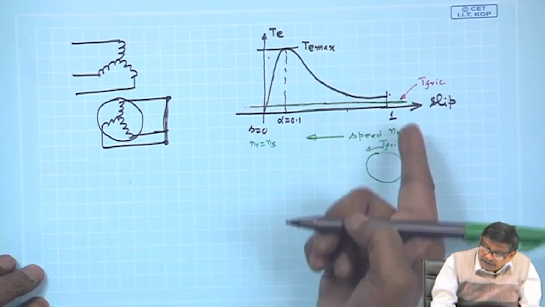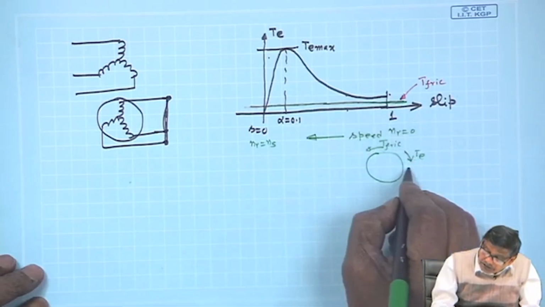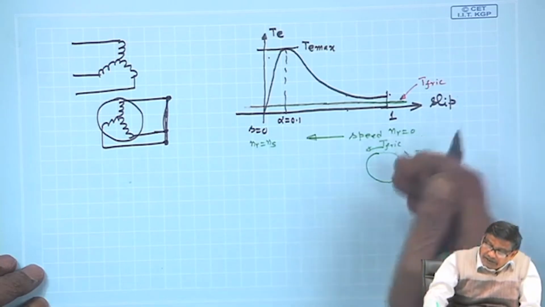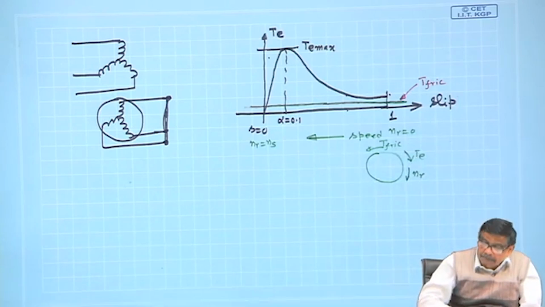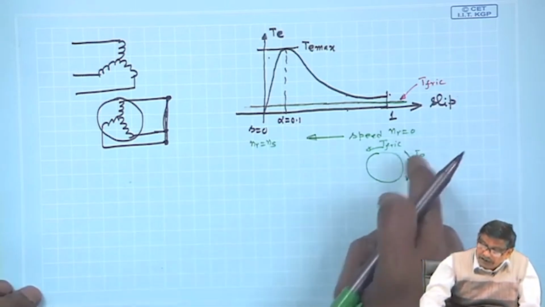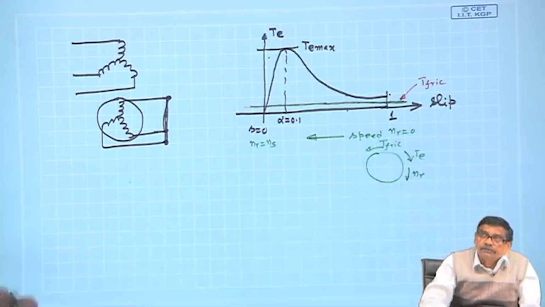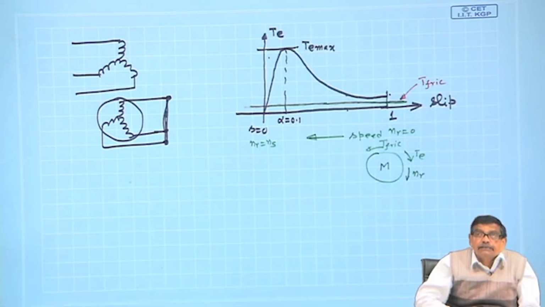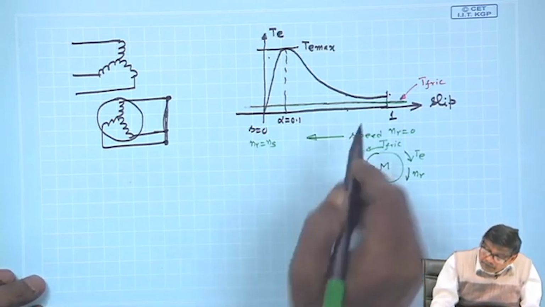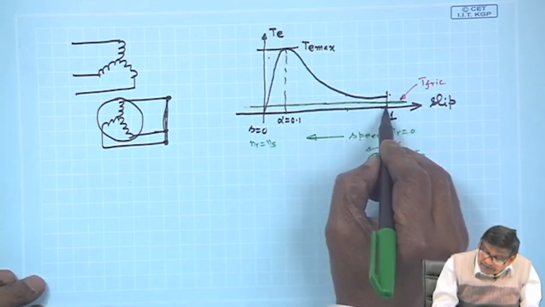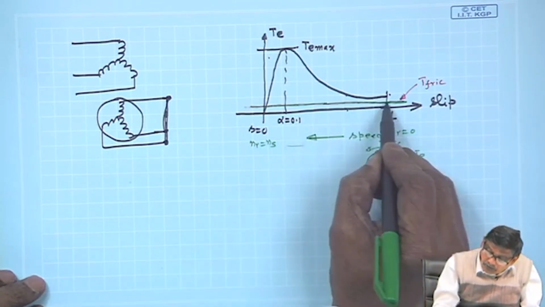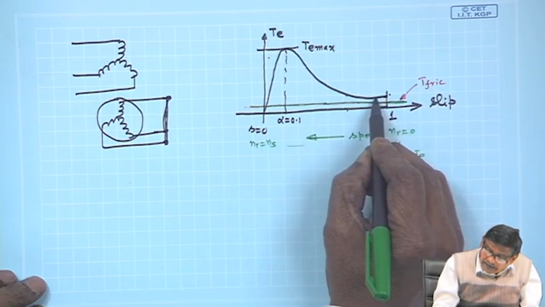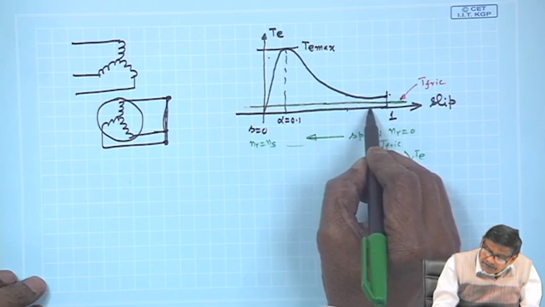Because T is greater than T friction, it will start increasing its speed in the clockwise direction itself. Direction of electromagnetic torque decides the direction of rotation when the machine is operating as a motor. Therefore, speed will rise. Speed is this. So, operating point it was here, then it will move because slip is increasing.